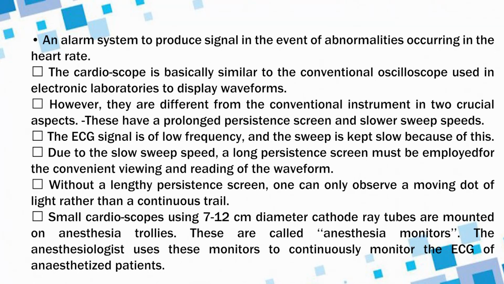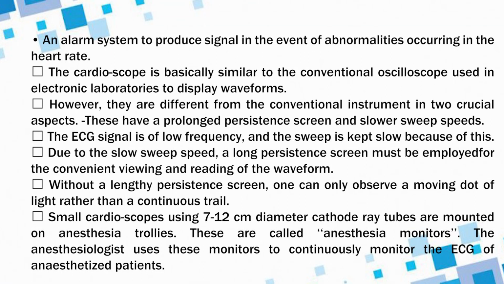The cardioscope is basically similar to the conventional oscilloscope used in electronic laboratories to display waveforms. However, they are different from the conventional instrument in two crucial aspects. These have a prolonged persistence screen and slower sweep speeds.